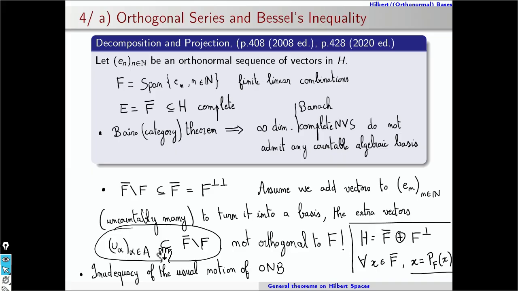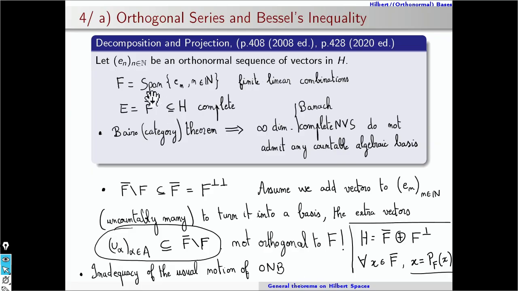In other words, there are infinitely many new directions, so linearly independent vectors, but none of them are orthogonal to the En. This family is in fact already maximal for orthogonality. What this means is that there is no orthonormal basis in the usual sense, so in the algebraic sense.